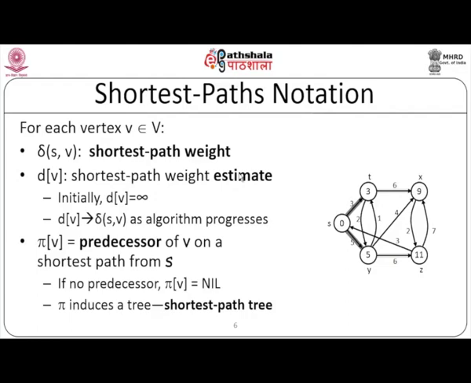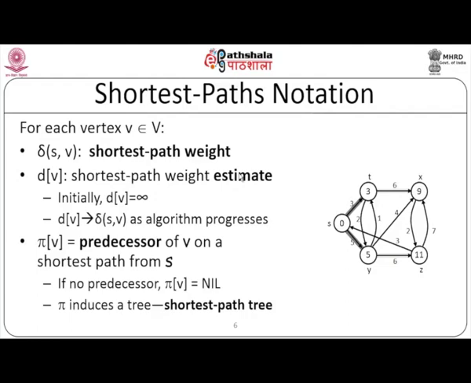Now, d[v] is the shortest path weight estimate. Initially we assume that d[v] is equal to infinity. As the algorithm progresses, the d[v] value, the cost or weight value, will go towards delta(s, v), which is the actual shortest path weight.